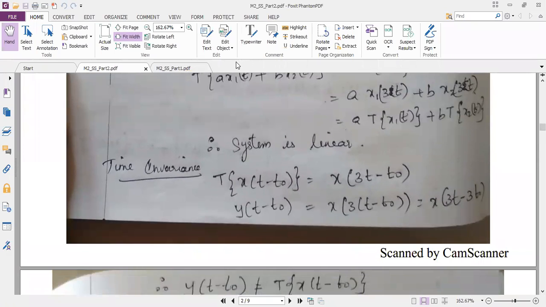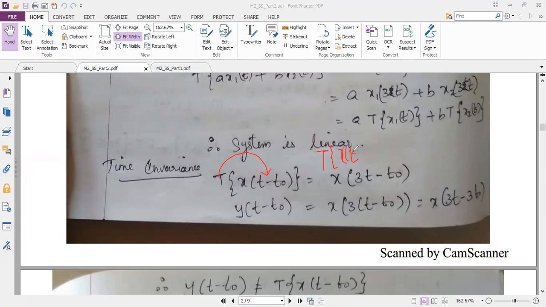So I am taking the operation of T on x of t minus t naught. If I perform the operation on x of t minus t naught, first I should write T of x of t.